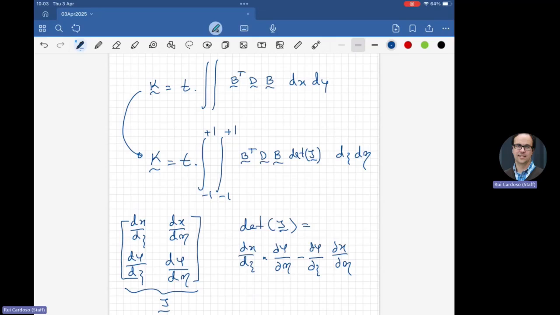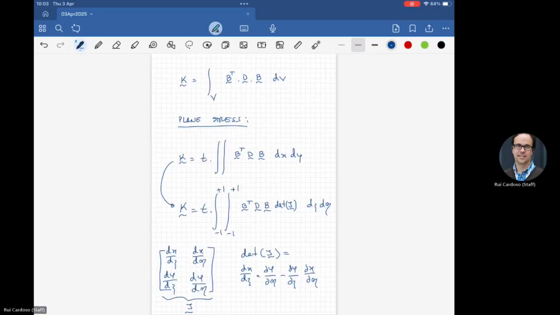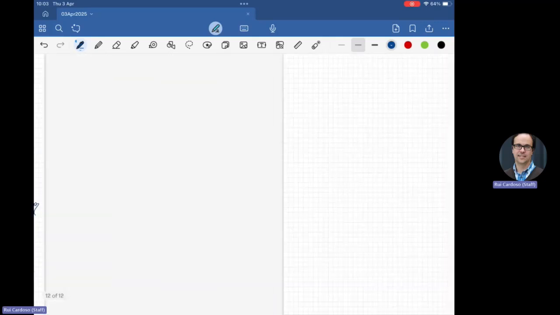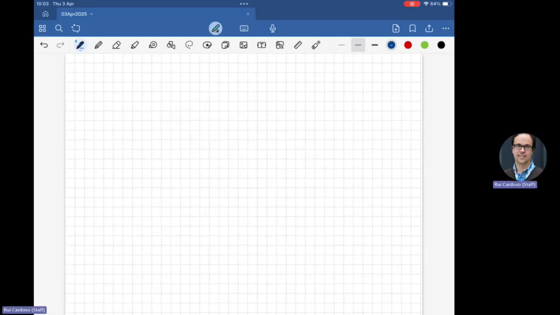And then on top of that, when you implement this in a computer program, we don't typically do analytical stuff in a computer, right? We do numerical approximations. So let's replace this analytical integral by a numerical integral, a numerical integration if you want. Let me write it here, numerical.